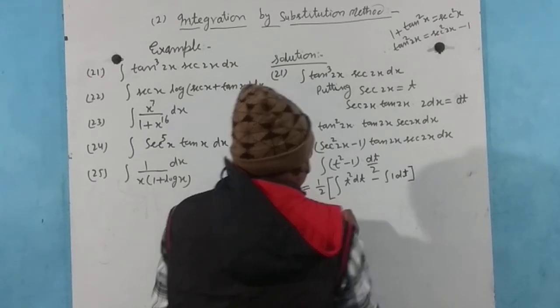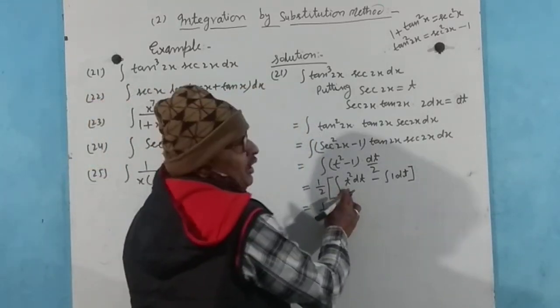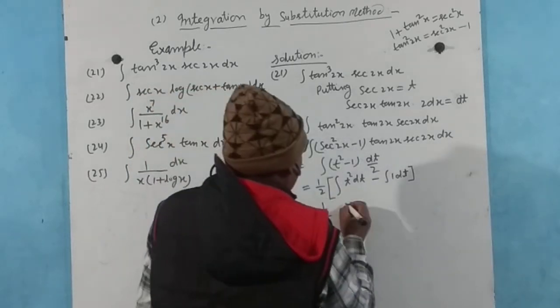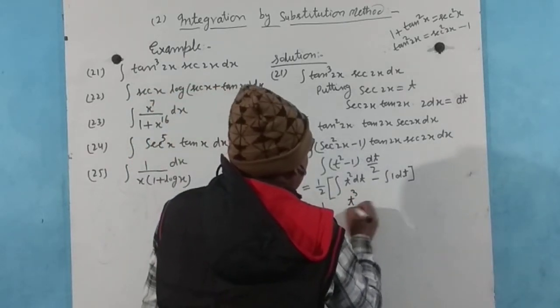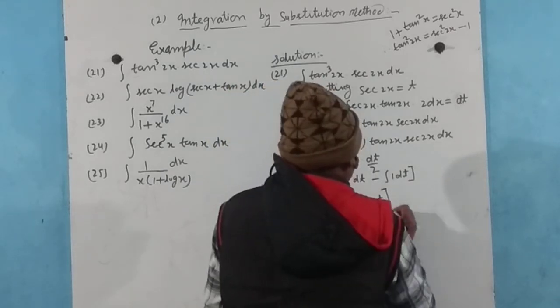Now integration of t square is t to the power 3 divided by 3 minus t.